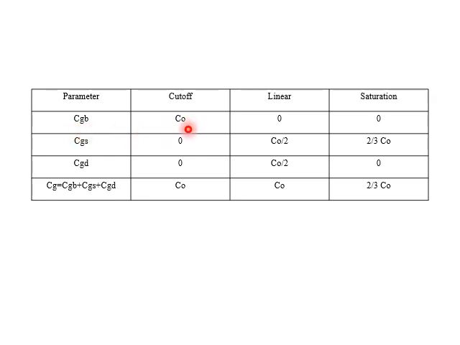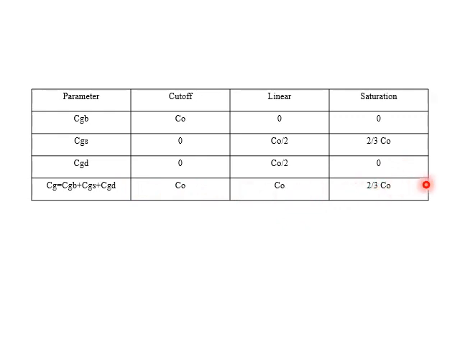In the cutoff region we have the C0 value; in both linear and saturation it is zero. The gate to source capacitance is zero in cutoff, C0 by 2 in linear, and 2 by 3 C0 in saturation. The gate to drain capacitance is zero in cutoff, C0 by 2 in linear, and zero in saturation.